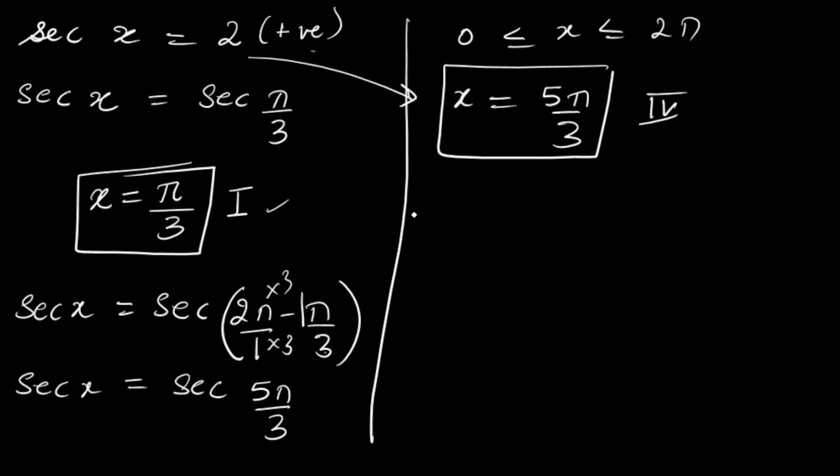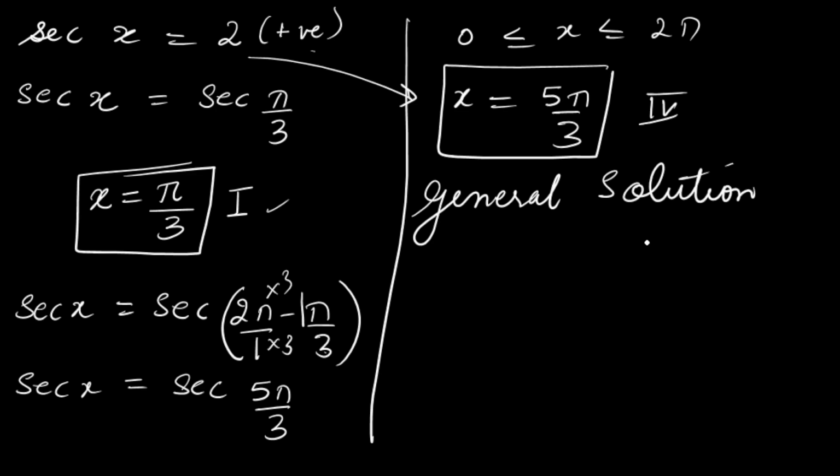So now the general solution we have to find; principal solutions we have found. For the general solution, I have given you the formula of cos. What was the formula of cos? The same is the formula for secant also. So this is 2n pi plus minus x, where x is the first quadrant value only.